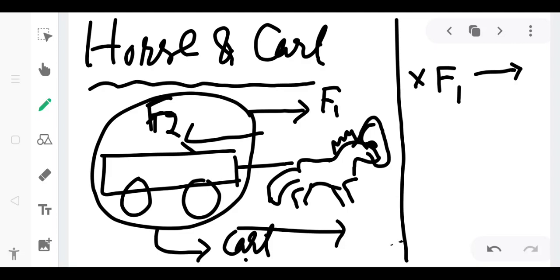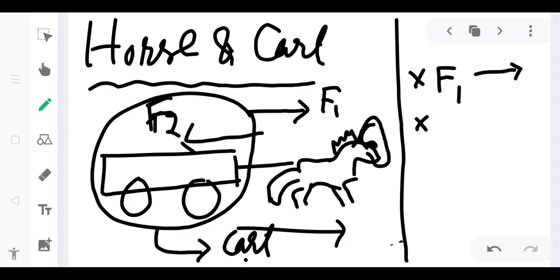F1 is the force applied by horse on the cart in the forward direction. So the cart is moving forward because the net force acts along the direction in which force is applied by horse.